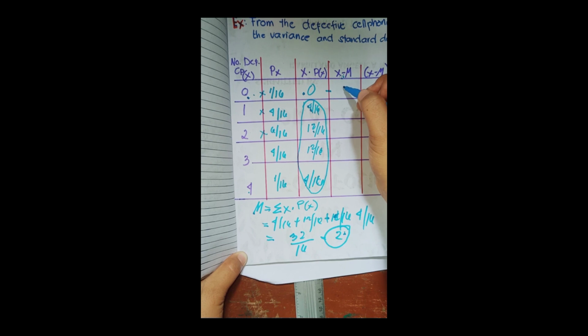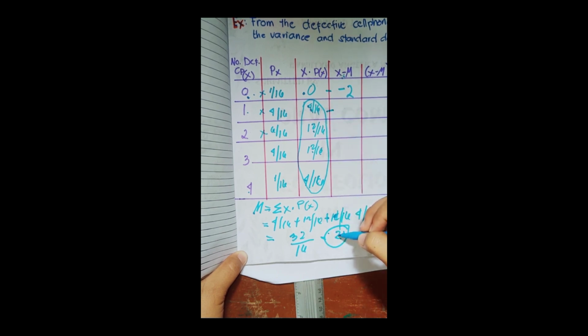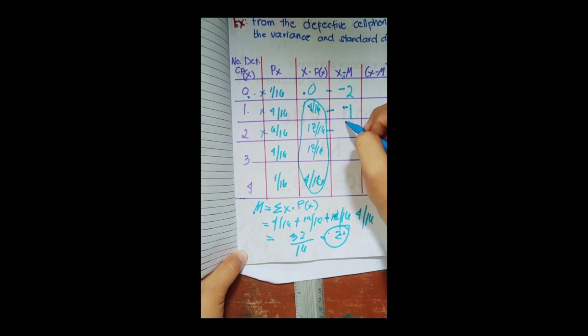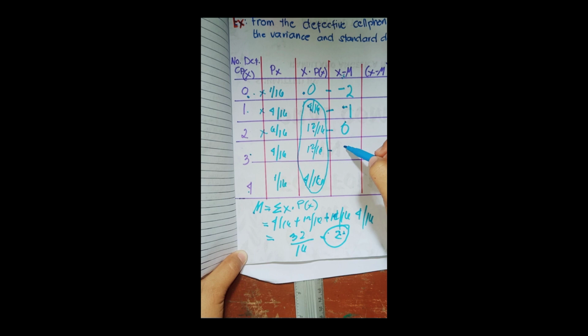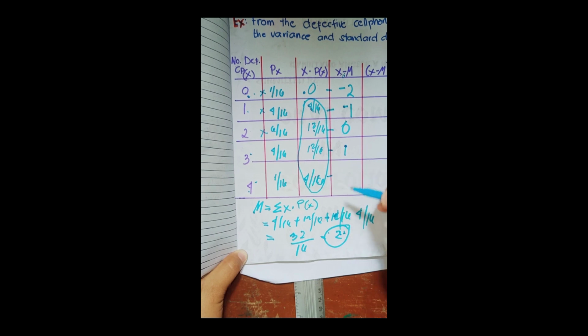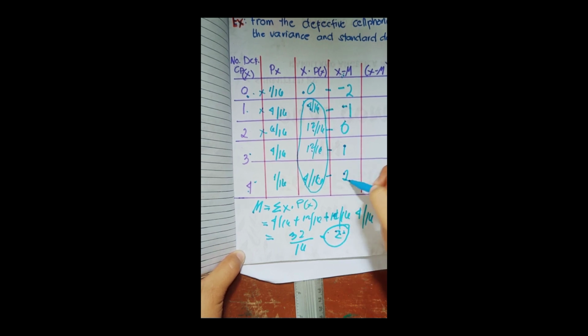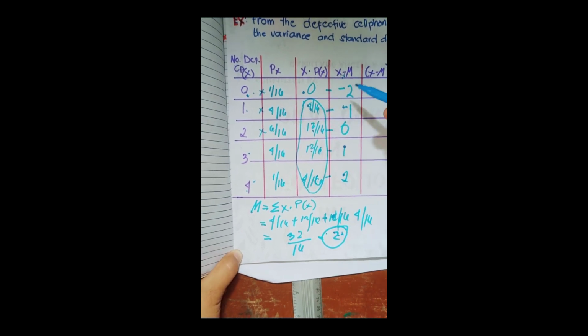We need to subtract the mean from X. 0 minus 2 is equal to negative 2. 1 minus 2 is equal to negative 1. 2 minus 2 is equal to 0. 3 minus 2 is equal to 1. 4 minus 2 is equal to 2. That's how we solve the mean.